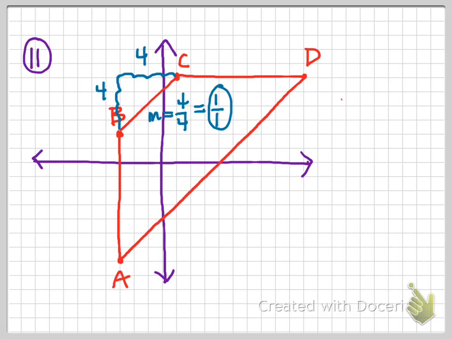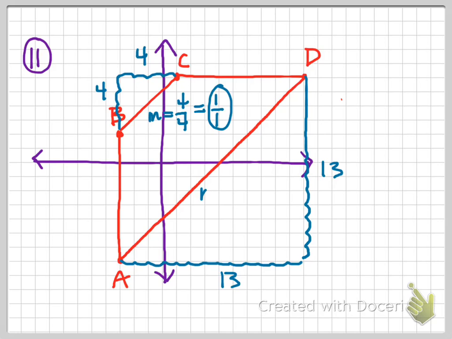If I look at the slope of AD, I'm going to rise and run, let's see how many. 1, 2, 3, 4, 5, 6, 7, 8, 9, 10, 11, 12, 13. And I'm going to run 1, 2, 3, 4, 5, 6, 7, 8, 9, 10, 11, 12, 13.